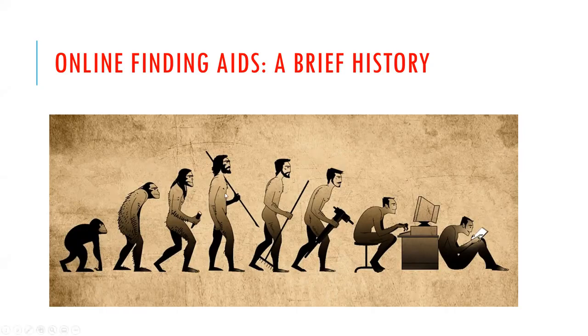And then there was the development of online finding aids, which provided more information than online catalogs. And that's really evolved into online finding aids that have connections to digital records.